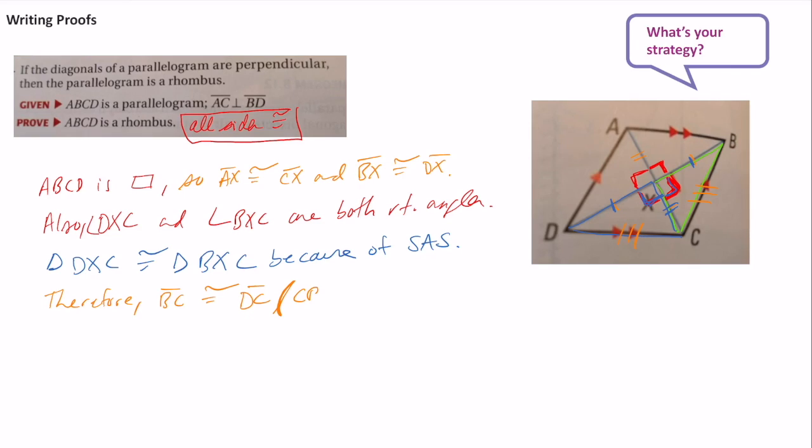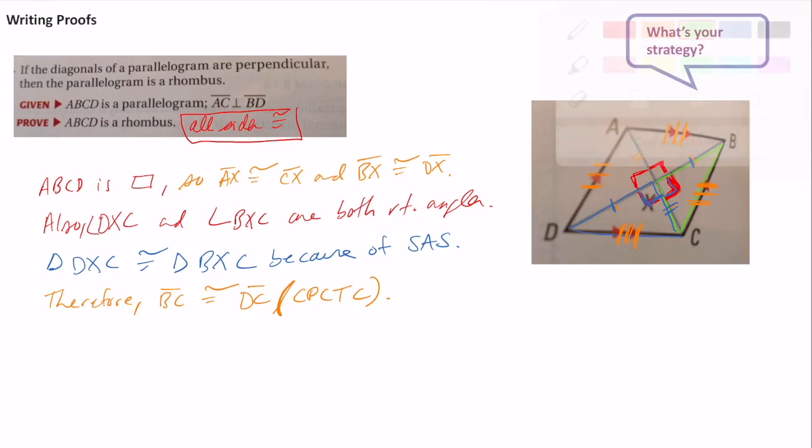You could say because the corresponding parts of congruent triangles are congruent, okay? And so now at this point, I know that BC is congruent to DC, but I also know that BC is congruent to AD because that's a parallelogram, and I know that DC is congruent to AB. So now I know that all 4 sides are congruent, right?